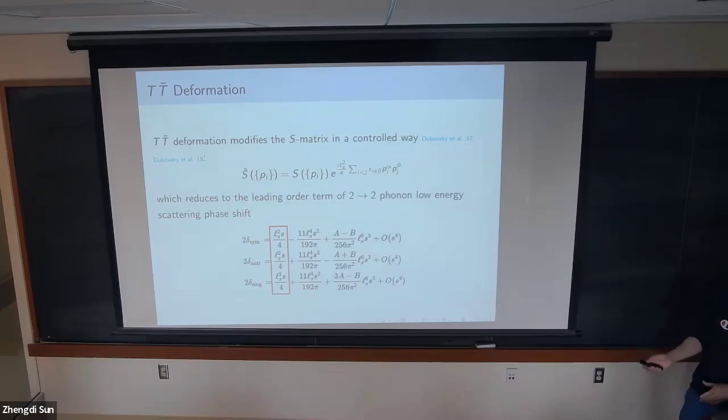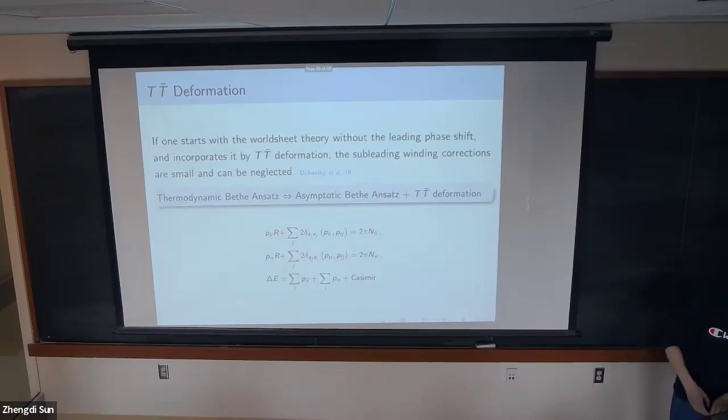Because all the rest of this phase shift is small, we can use the asymptotic Bethe ansatz to simplify the thermodynamic Bethe ansatz. The asymptotic Bethe ansatz is just the momentum conservation here with the insertion of the phase shift, and we see that here we have completely thrown away the winding corrections of the thermodynamic Bethe ansatz.